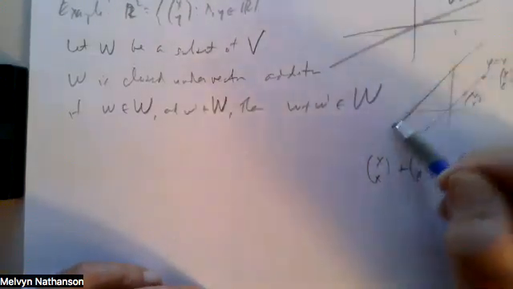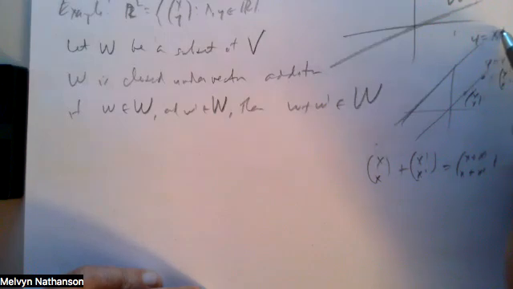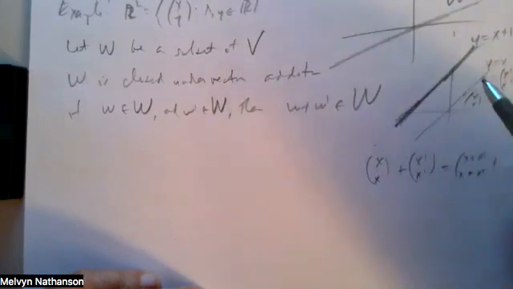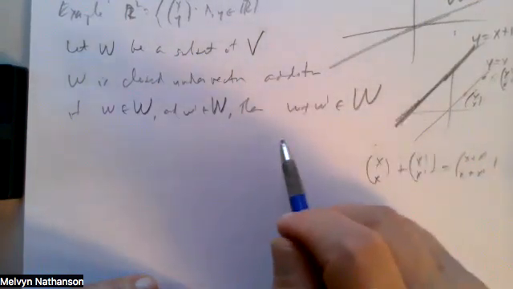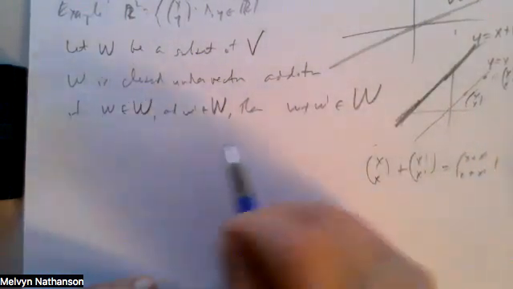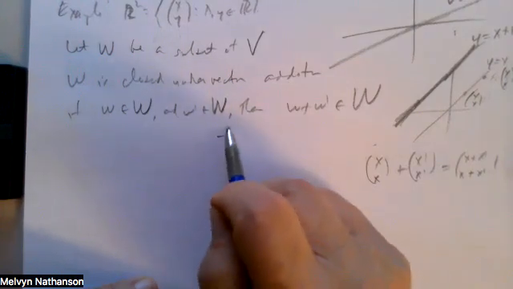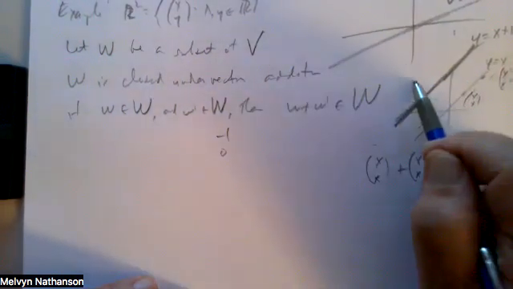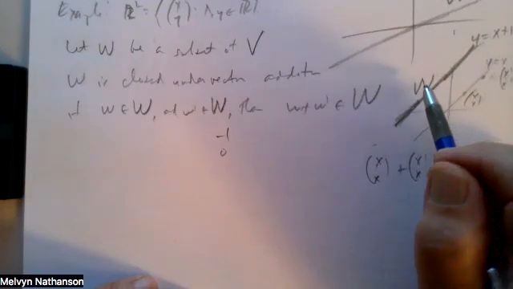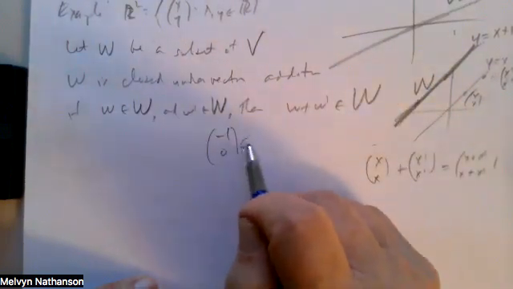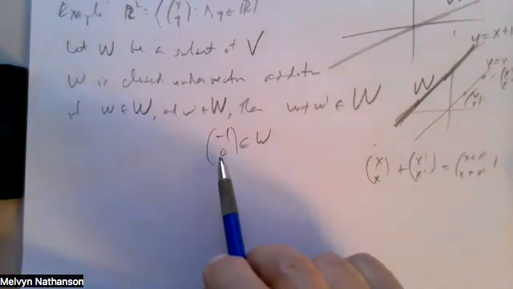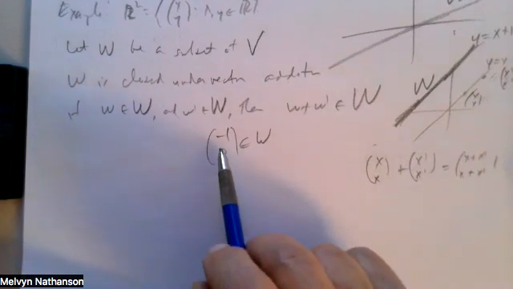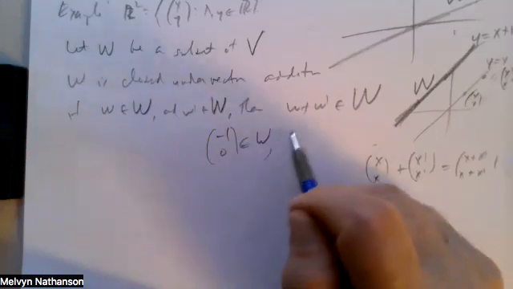This line is closed under vector addition. Suppose I take this line. This is the line y equals x plus 1. So a point on this, for example, is (minus 1, 0). Let's call this W. (Minus 1, 0) is in W because 0 is minus 1 plus 1.